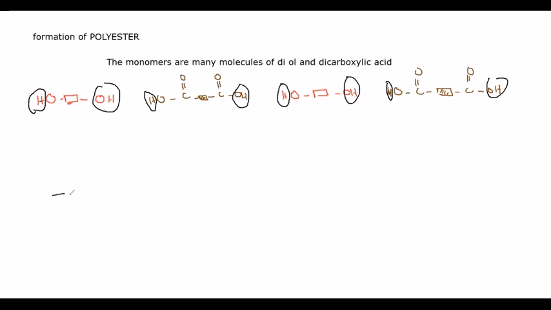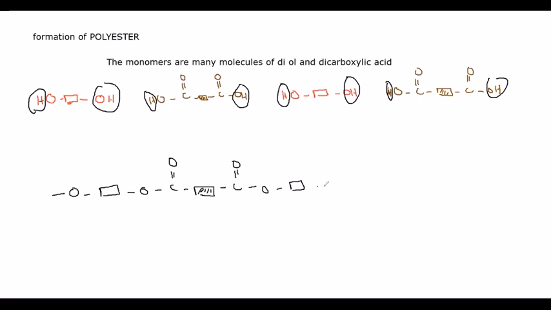So this will be O, then a box, and this H and OH being removed. What I circle is removed. Then this will be O, because this OH and H are removed. So this will be O, C double bonded with O. Then there is a carbon chain, so this is a carbon chain. Then C double bonded with O. This OH and H being removed, so I'm left with O, and then this box.